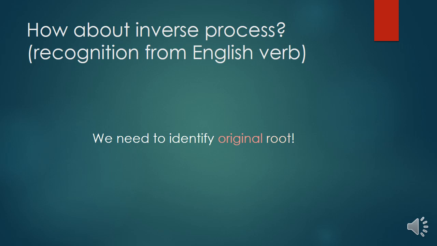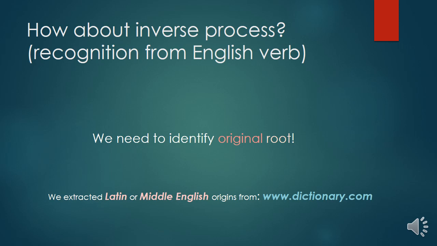So how can we identify the root of English words? The process is similar, just in this case we need, in most cases, to look at the origin of the root, mostly in Latin or Middle English.